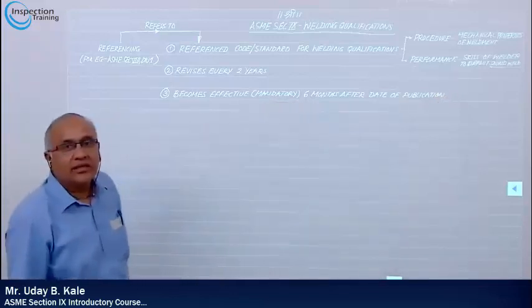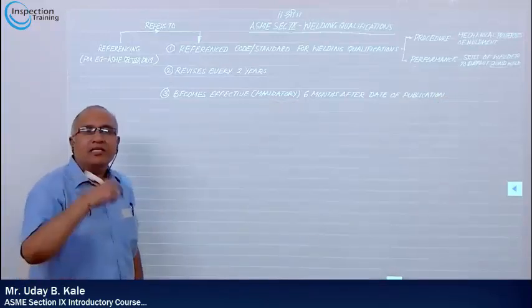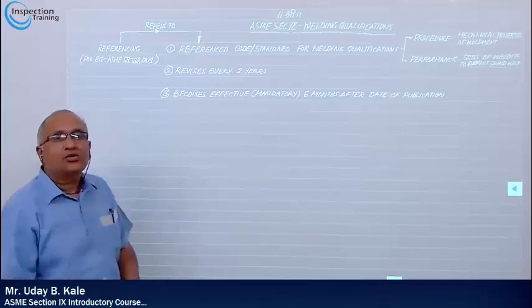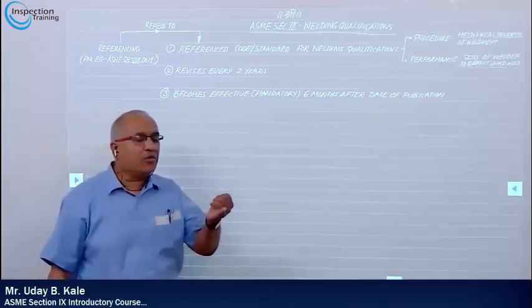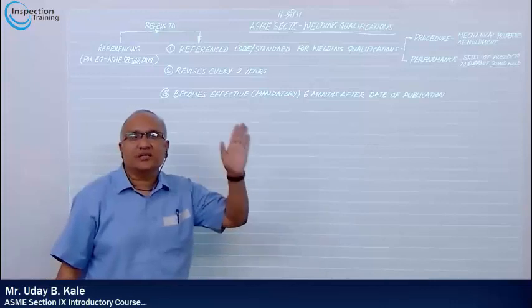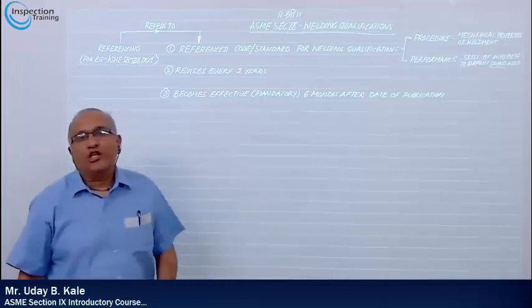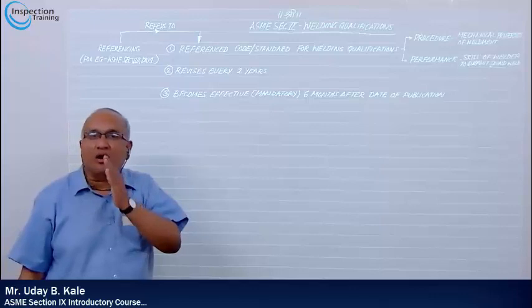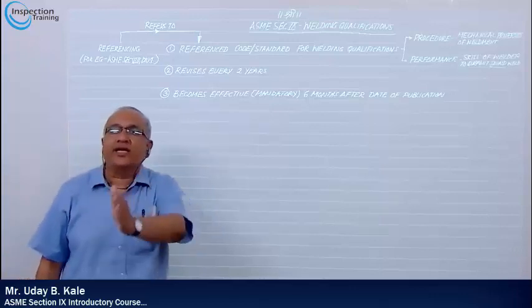That means it publishes in July, so July, August, September, October, November and December, 6 months finished on 31st December. So it becomes mandatory on 1st of January, the very next year.